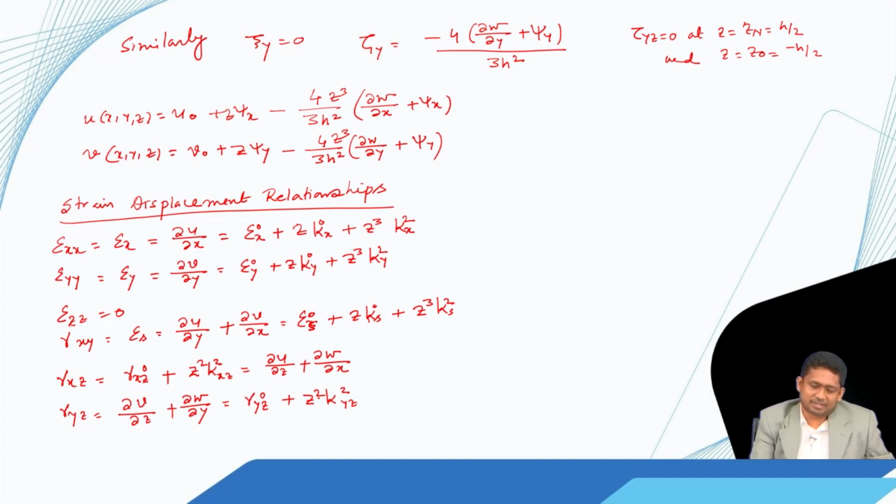So, now we will see what these individual terms are, epsilon x 0, y 0, s 0 and these kappas.